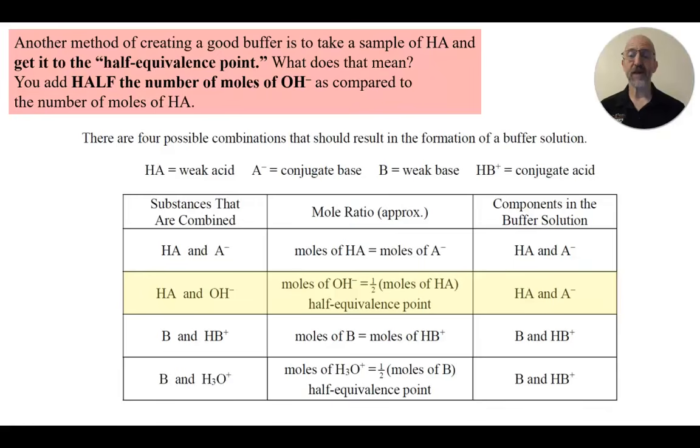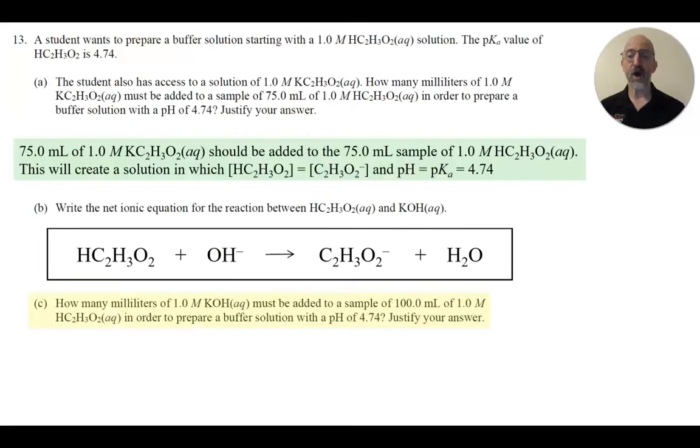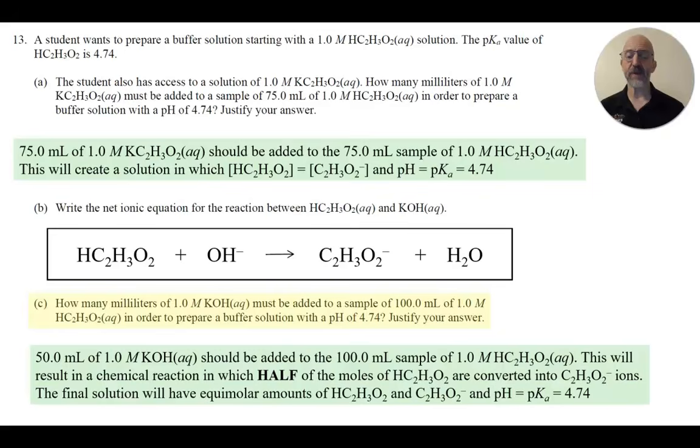So what does that mean? You add half the number of moles of hydroxide as compared to the number of moles of the weak acid, HA. So if I have 100 milliliters of 1 molar acetic acid, I don't want to add 100 milliliters of the strong base. I want to add 50 milliliters of the strong base. So what I said for part C is the following.